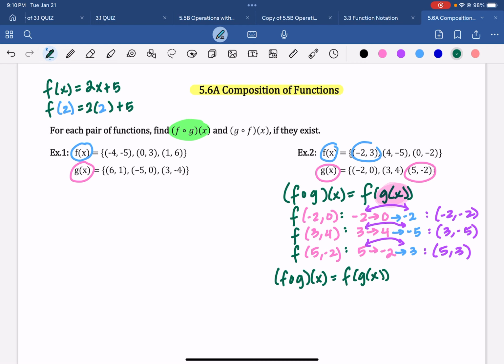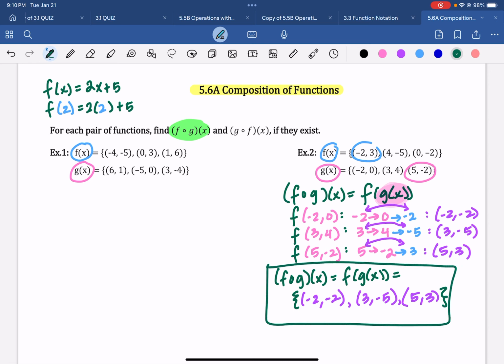Either one of those, the answer ends up being all of our ordered pairs, but we're going to put them in braces because that means this is it and there are no others. So -2 goes to -2, 3 goes to -5, and 5 goes to 3. Don't forget to close your braces. So that's the first half of the question, f circle g of x.